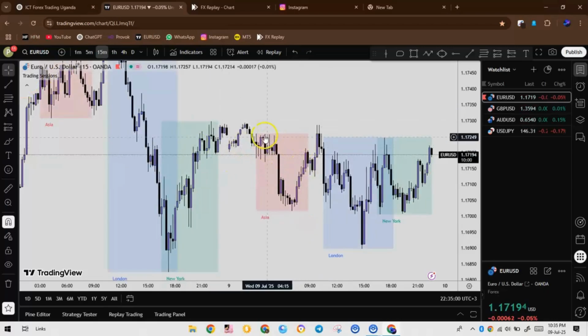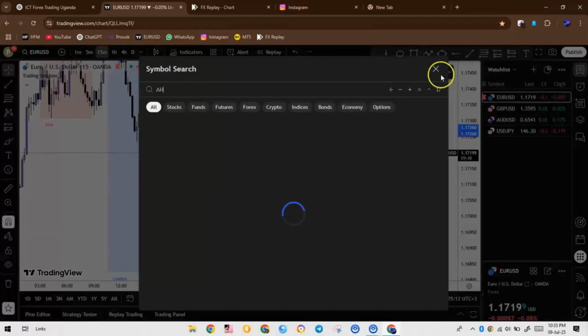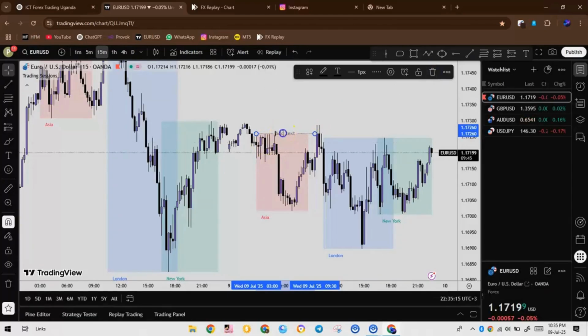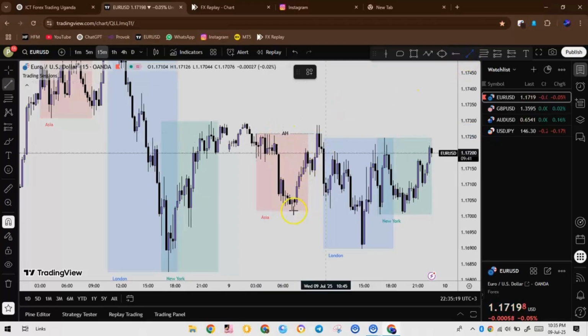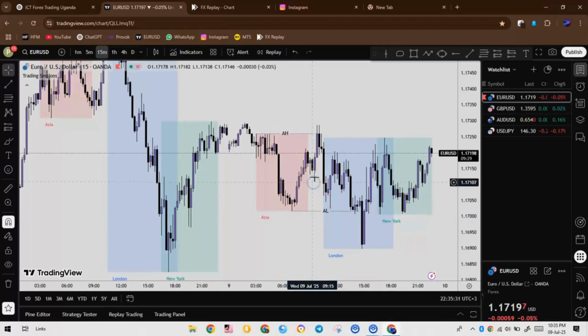When I came and checked out my trading sessions, I found that we have our Asian high and low, as I already said. Our Asian high there, marked it as Asian high, and we have our Asian low right there.